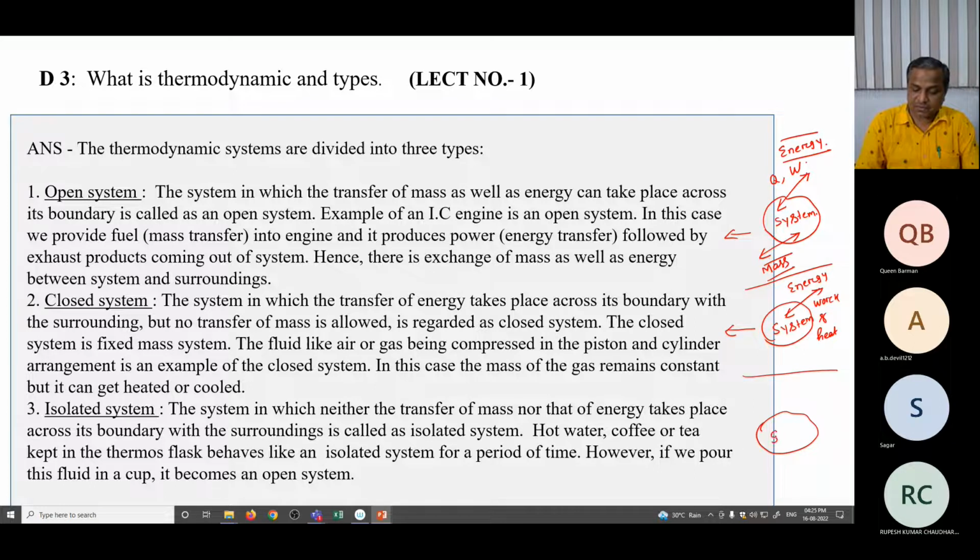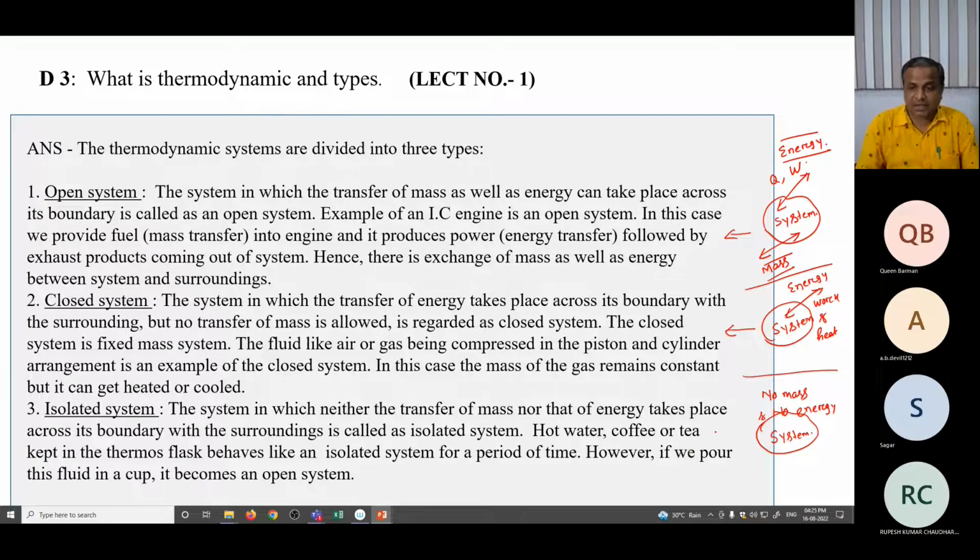The system remains as it is, and there is no mass and no energy interaction. Such a thing we call an isolated system.